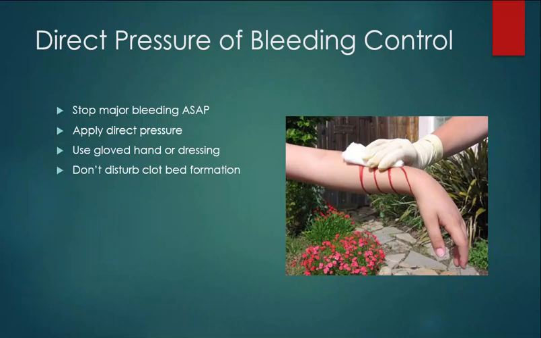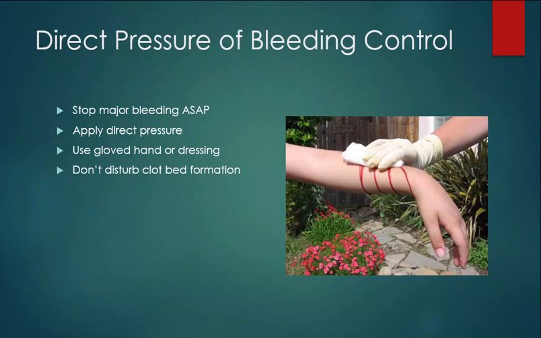Now, when the lining of the vessel, the artery, is disturbed, as you would have from a jagged type of wound or from a tearing type of wound, the collagen, the connective tissue within the artery itself, is exposed to platelets that are circulating around in the blood.